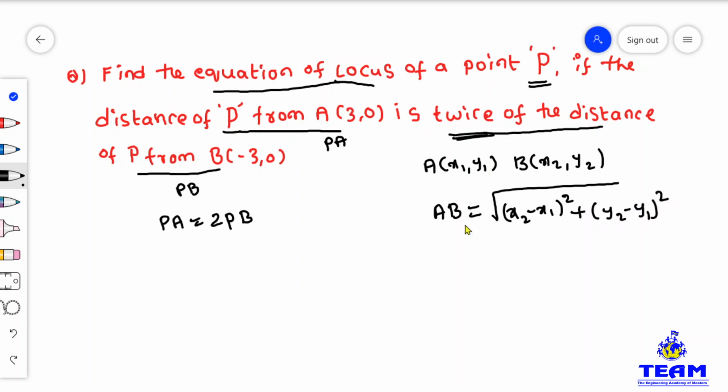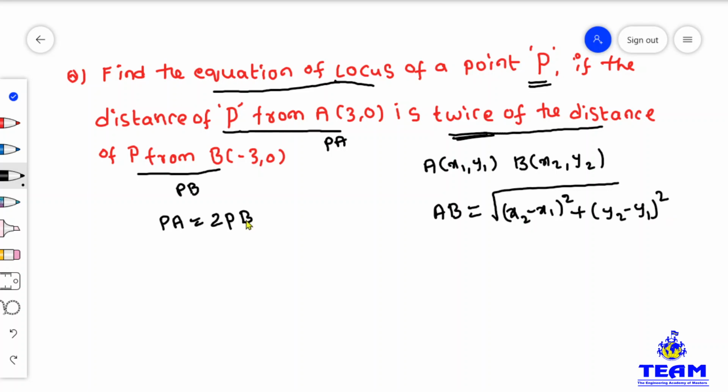This is the distance formula, the length of the line segment between these two points. You can also write it as (x1 minus x2) whole square plus (y1 minus y2) whole square; both are the same.